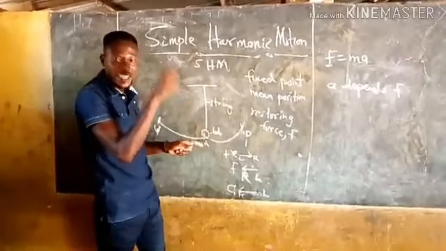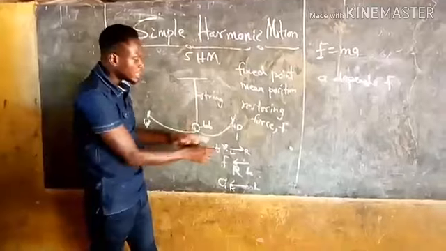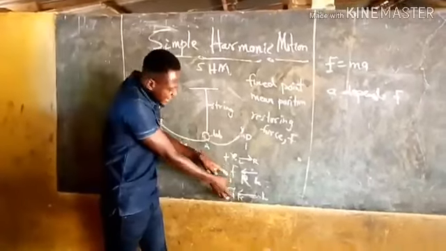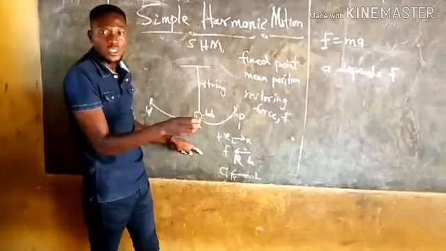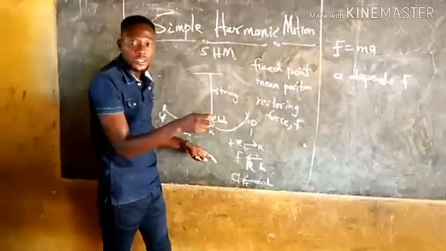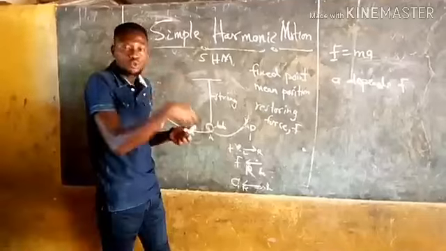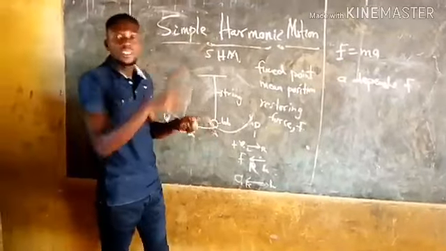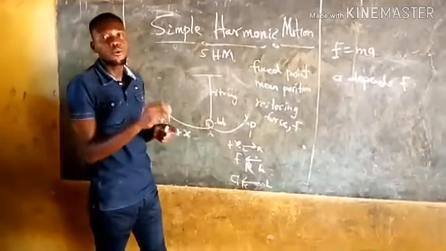So this will be the second condition. The first one is that the displacement covered by the ball is in the opposite direction to the acceleration. The second condition is that the acceleration, which is as a result of the applied force, is directed towards the mean position. So these two conditions will give us the definition of simple harmonic motion.